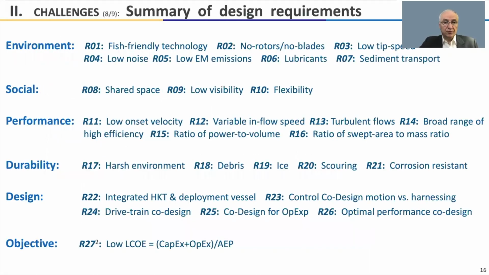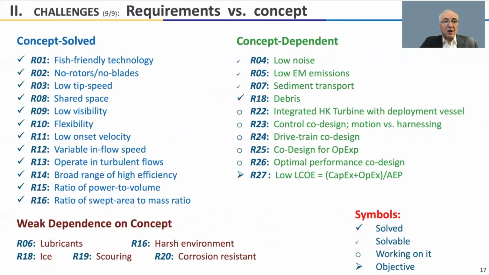That's a tall order. Here I just summarize all the design requirements under the 6 categories that we have discussed, but I would like now to reclassify those requirements in terms of those that can be solved with a concept that we have developed, that is the Vivace converter, based on instabilities and fish biomimetics, those that can be solved because of these properties of this concept that we have developed, and finally, a small category of concepts that have to be solved for any concept.